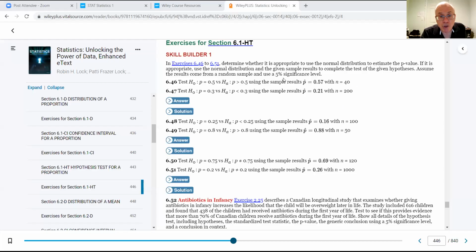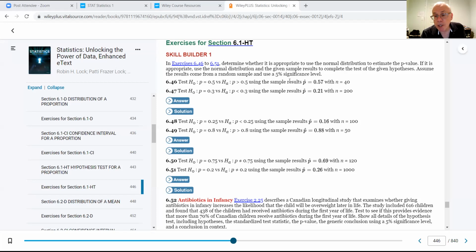Go back to the book. Notice the problem says to use a 5% significance level. 0.0027 is well below 0.05. Therefore, we're going to reject the null hypothesis. That's step 5.